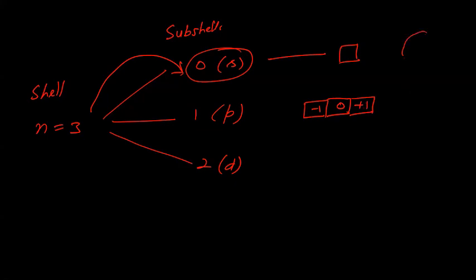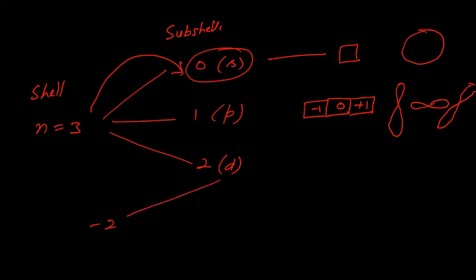So the S subshell here will be spherical. These 3 will be of dumbbell shape, P orbitals, all making the P subshell. D will have minus 2, minus 1, 0, plus 1, plus 2, so 5 orbitals.